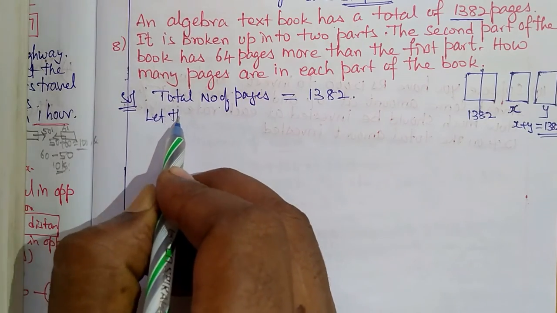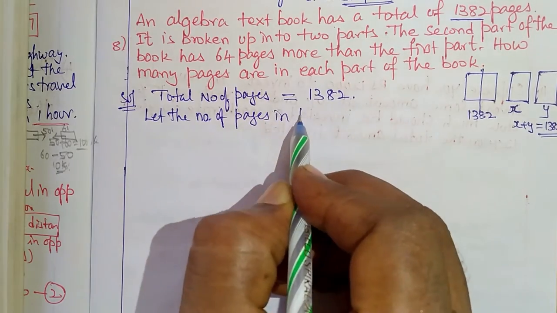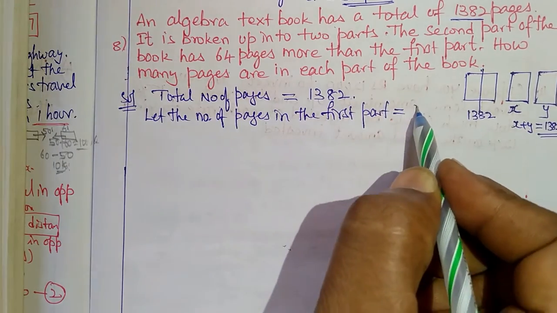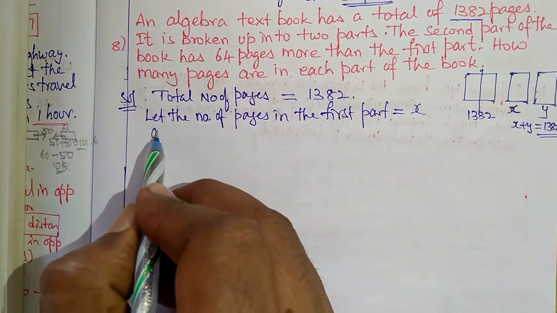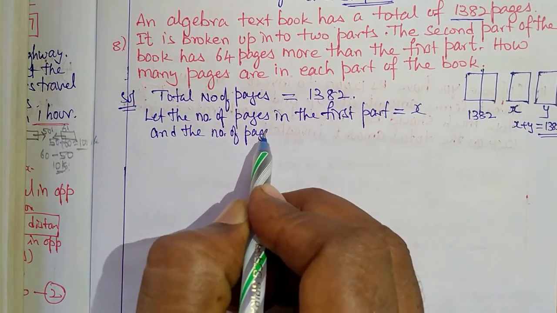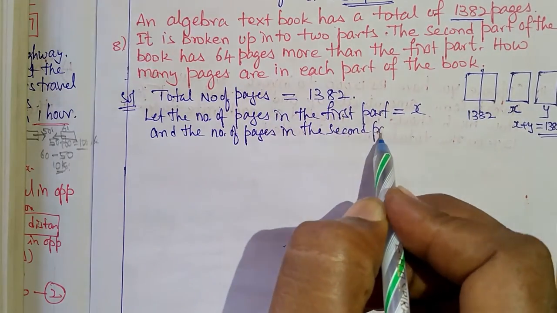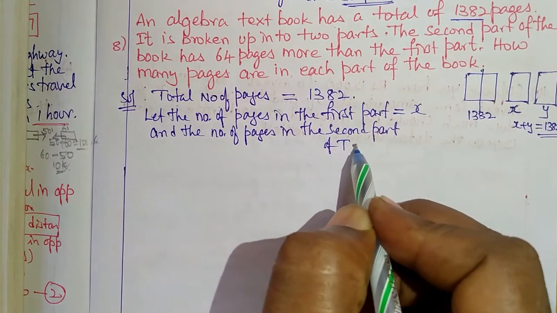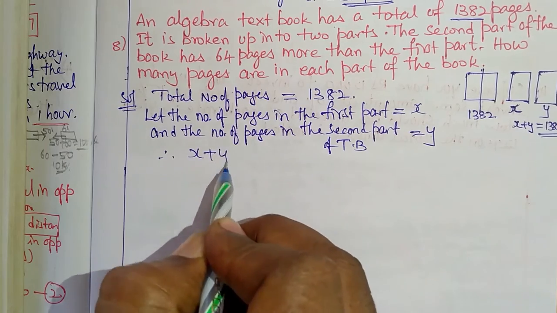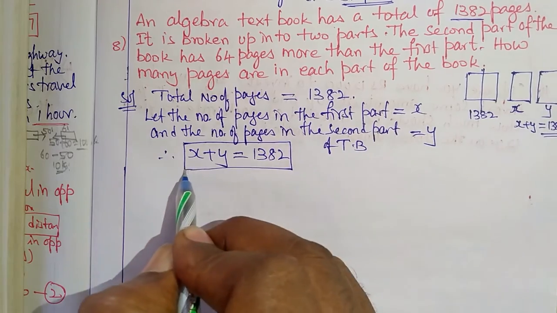Let the number of pages in the first part be x, and the number of pages in the second part of the textbook be y. Therefore, according to the condition, x plus y is equal to 1382. This is equation 1.